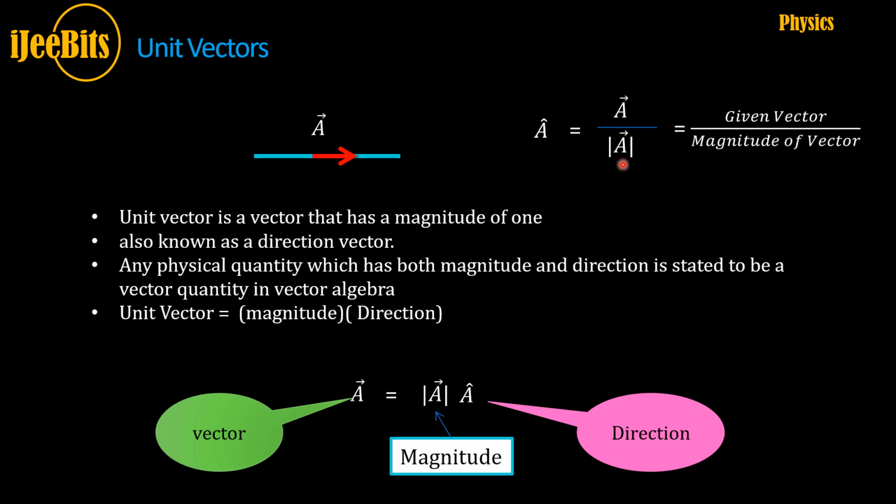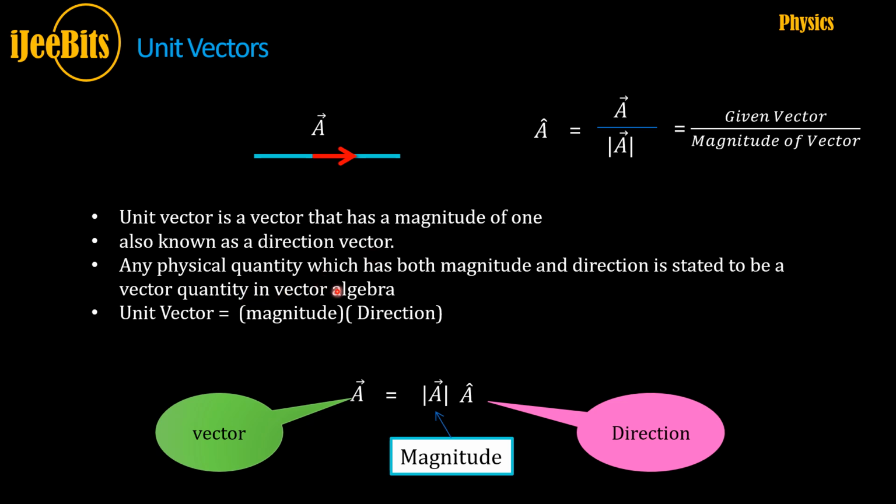The modulus of A is the representation of the magnitude of the vector. So a unit vector is a vector that has a magnitude of 1. When you calculate the unit vector, the magnitude would become 1. We also call the unit vector a directional vector.